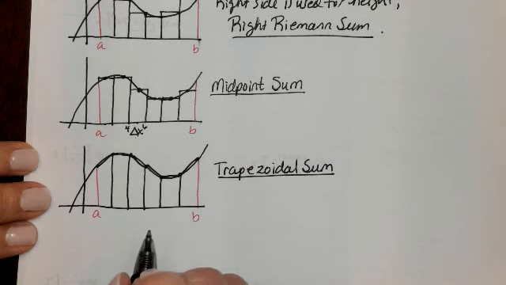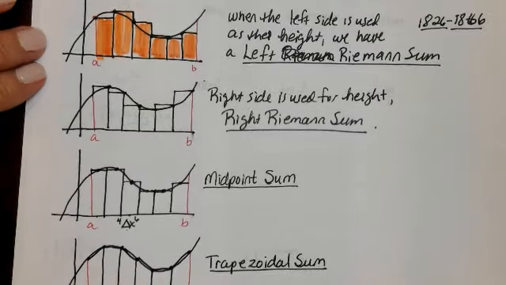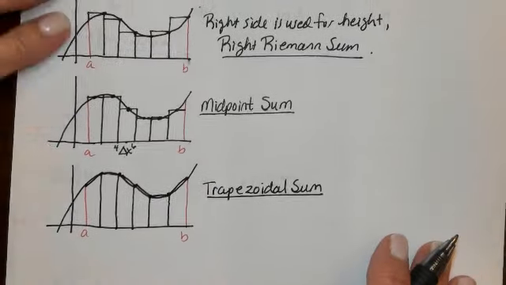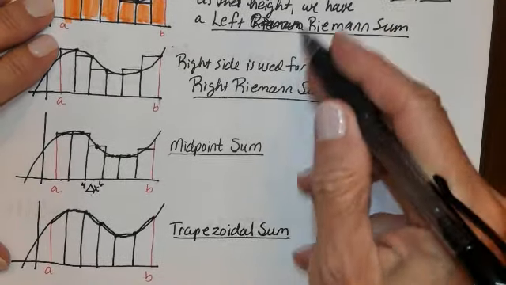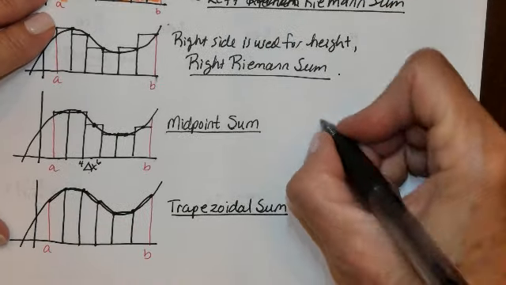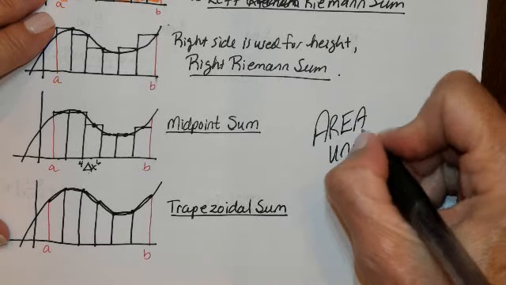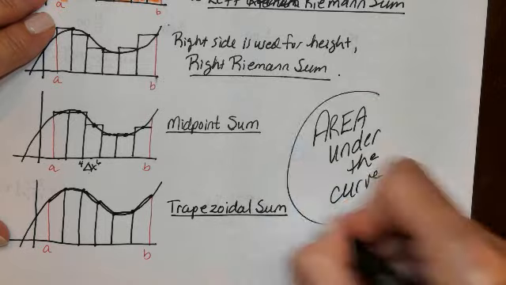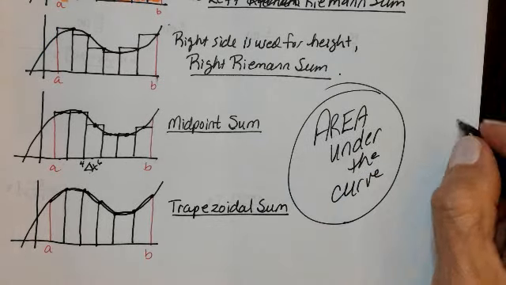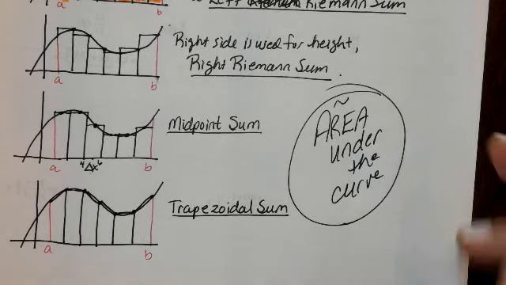Okay? So, 4 types of approximations for the area under a curve. I want you to always remember that these approximations are all for the area under the curve. That's what they do. That's what they find. They approximate it. Okay? All right.